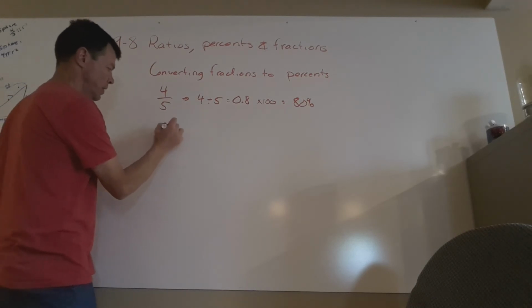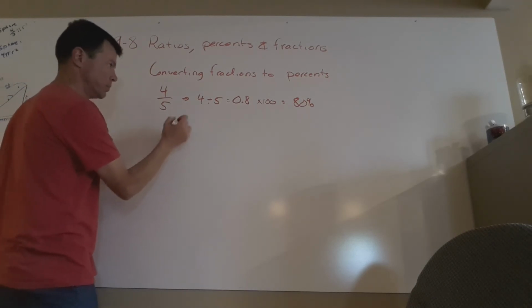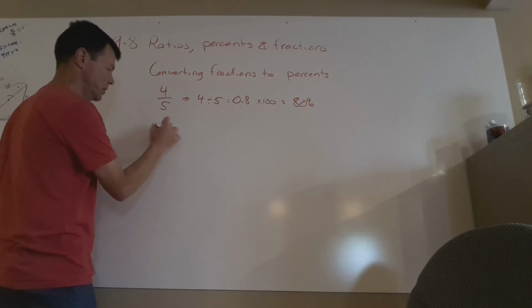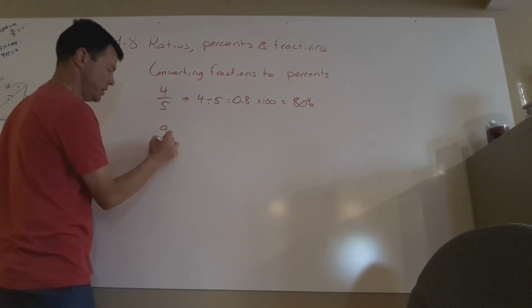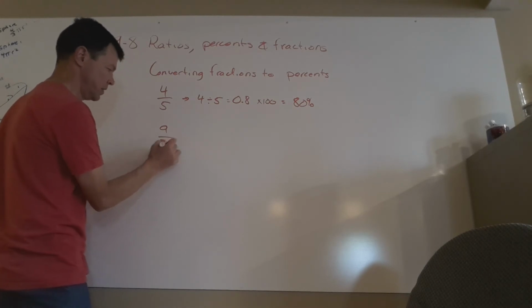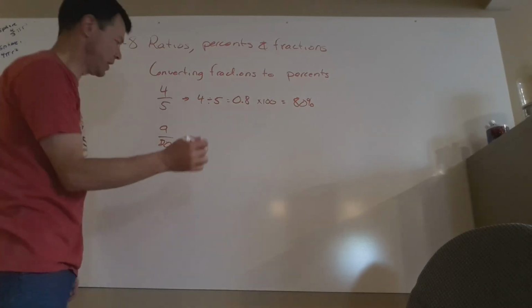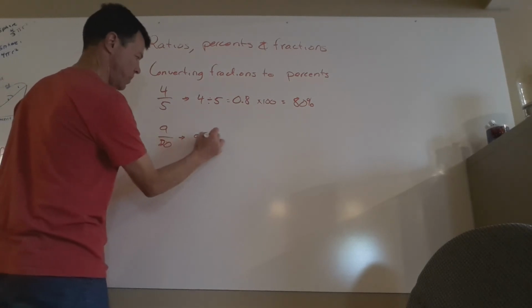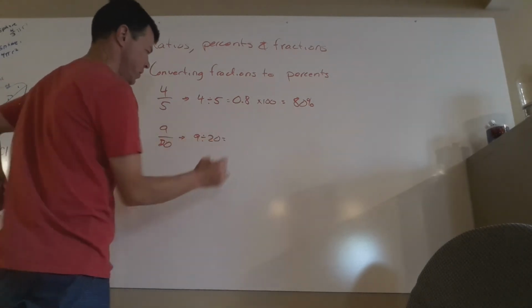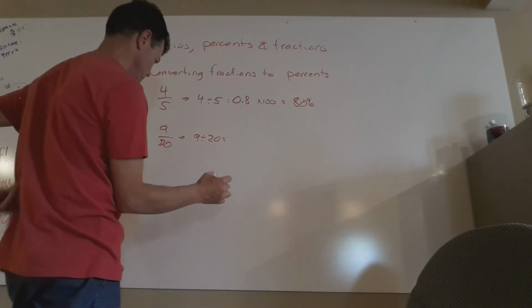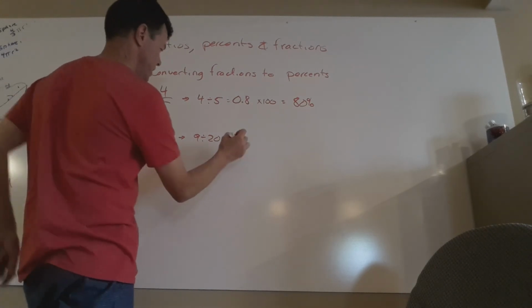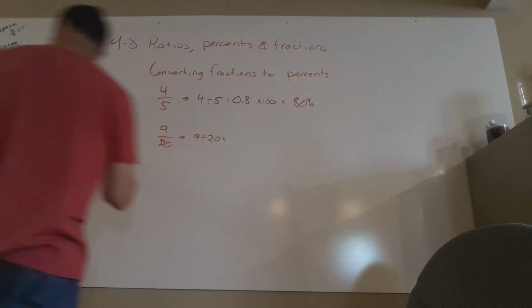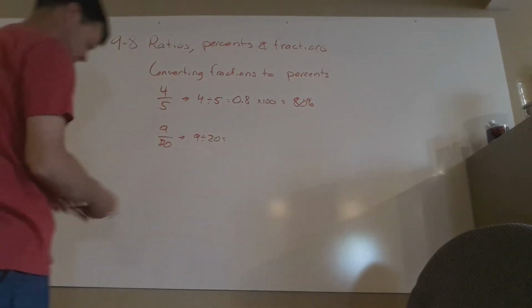Okay, let's say we have 9/20ths. Again, just do 9 divided by 20. You're going to end up with 0.45.